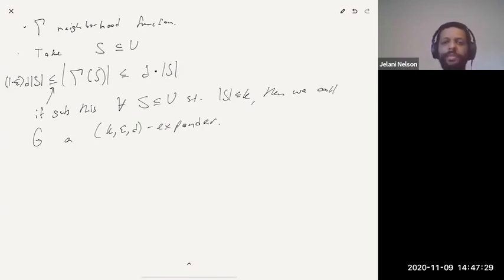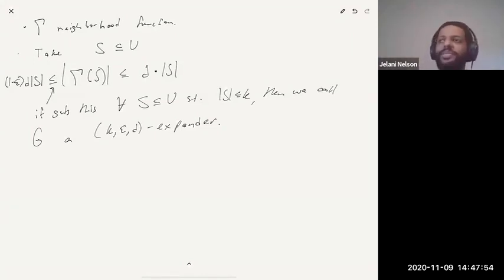So that's the definition of a bipartite expander. For those of you who have not seen expanders before, you can make the same definition for non-bipartite expanders as well. Basically, if you take any subset of vertices, you just want to say that if you look at its neighborhood, it expands a lot.